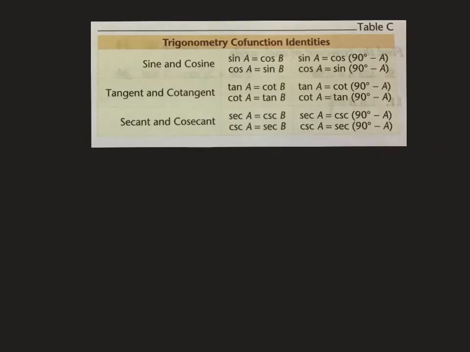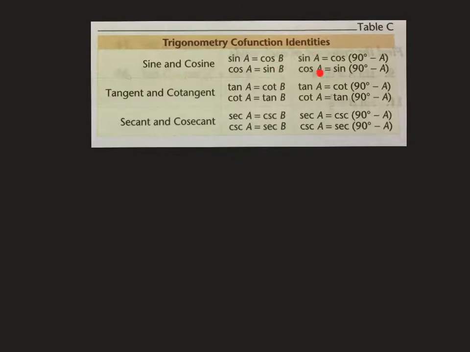All right, so this is the cofunction chart that's in your book on page 15. It tells you that sine and cosine are cofunctions of each other. So sine of one angle is cosine of another, and cosine of one angle is sine of another.